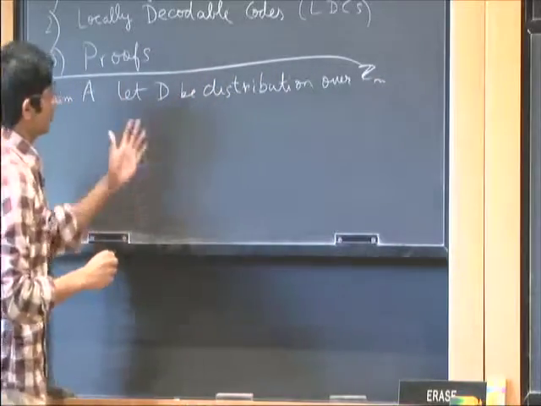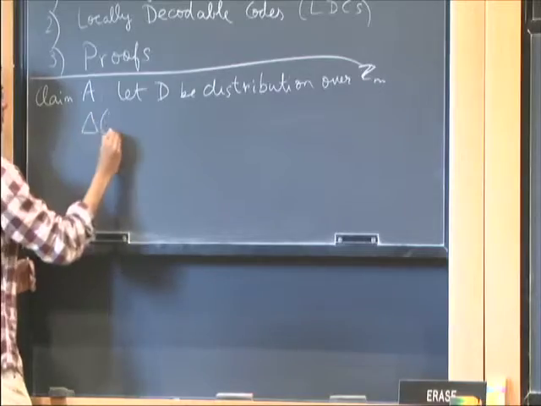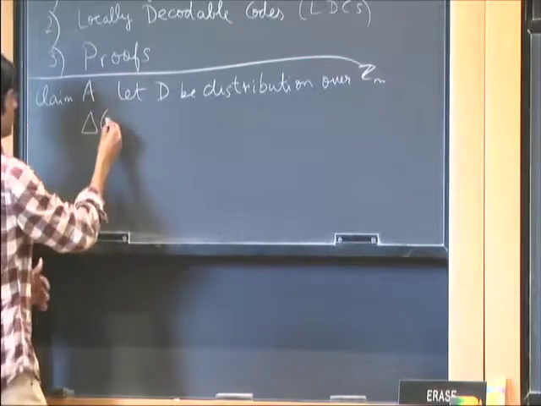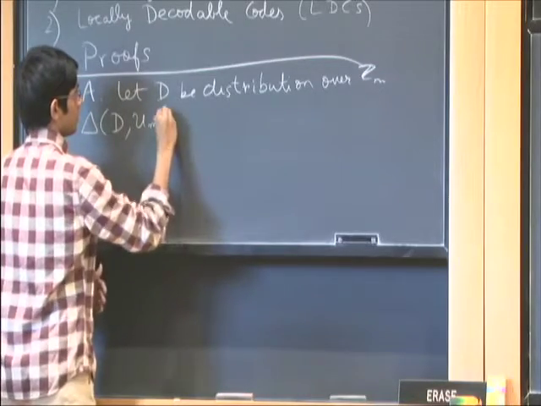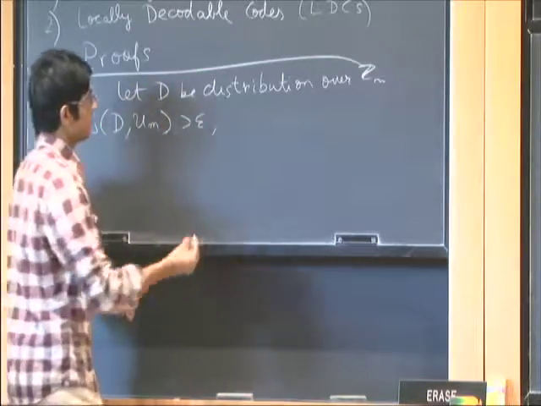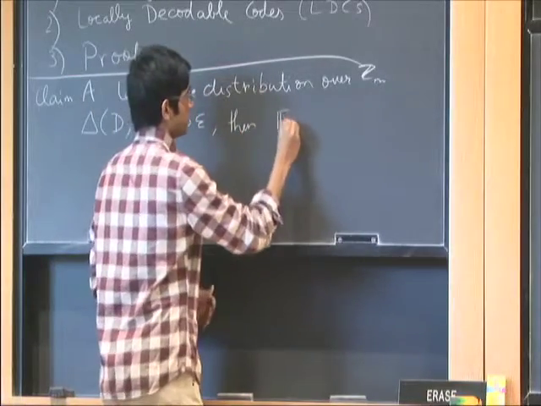Now, if the distribution is far from uniform, this is the statistical distance between the two distributions. If this is high, then some character would be biased.